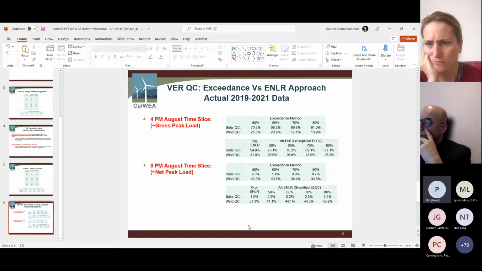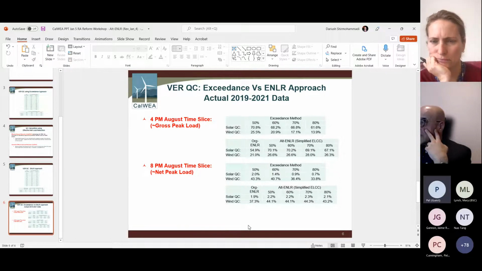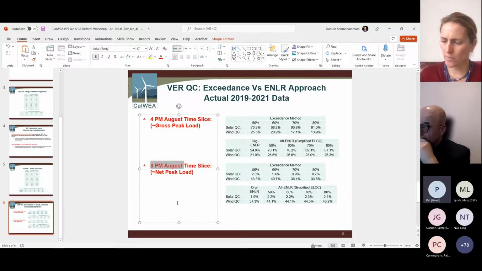My understanding of your approach was that if a resource is not available all hours of the day, you would reduce the qualifying capacity to reflect that, even though for that particular 1 hour slice, which is 8 p.m. in August, they may produce a qualifying capacity, regardless of the approach, of more than, say, 34%.